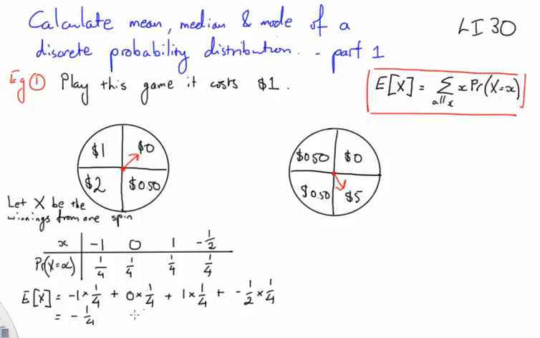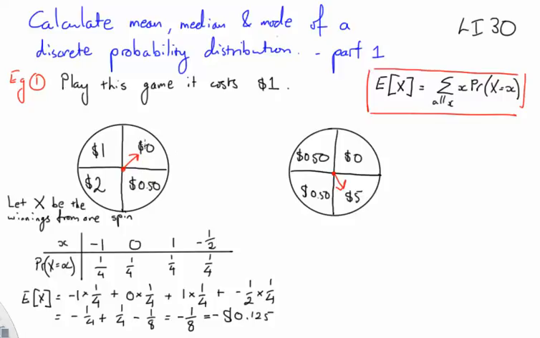Well, that's going to be 0 plus 1/4 minus 1/8. And that equals -1/8, which in decimal, let's do it as decimal dollars, that's minus 0.125. What does that mean?